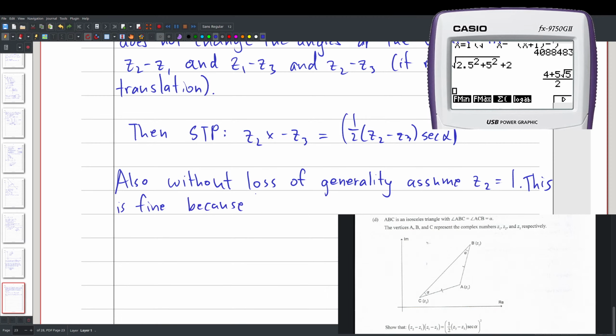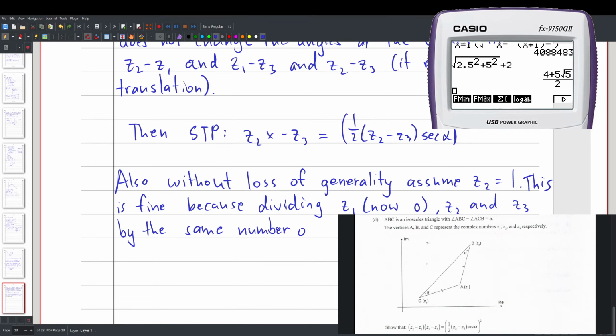This is fine because dividing z1, now 0, z2 and z3 by the same number does not affect the angles, and since LHS and RHS are both degree 2 in z2 and z3.